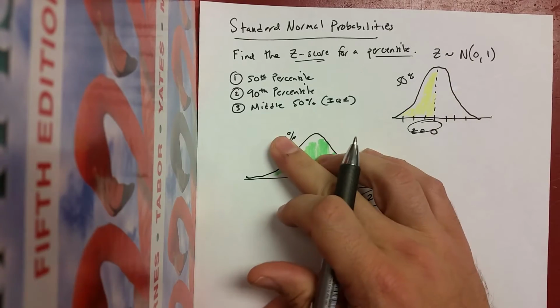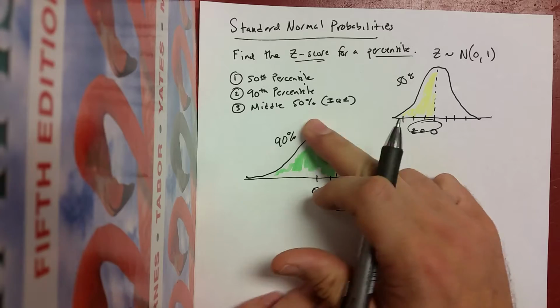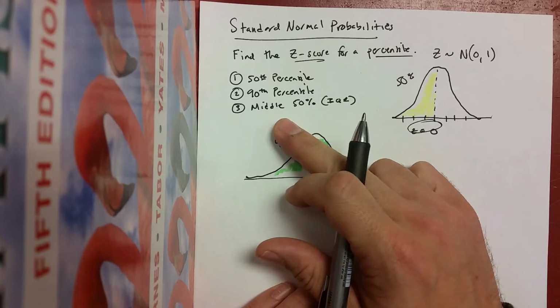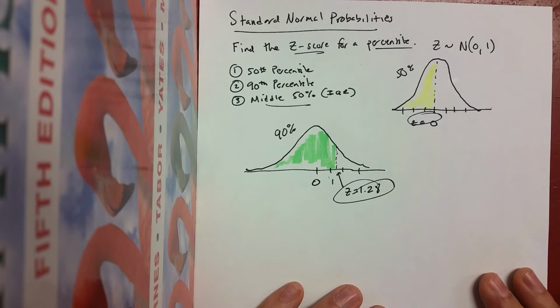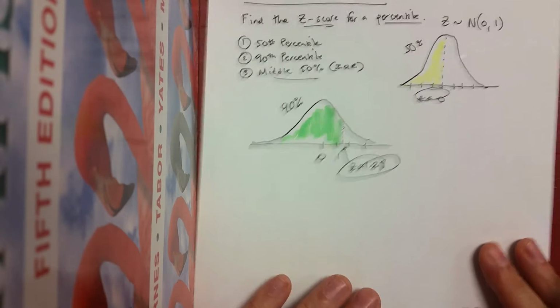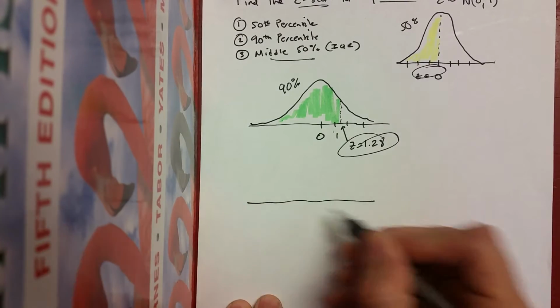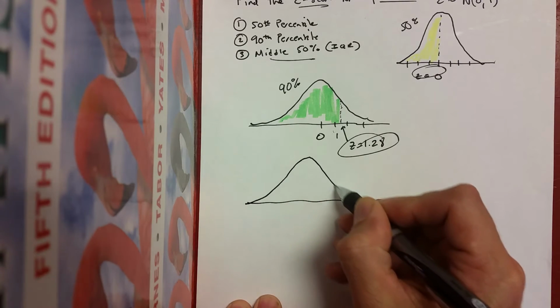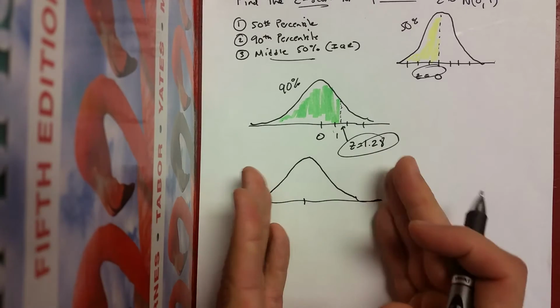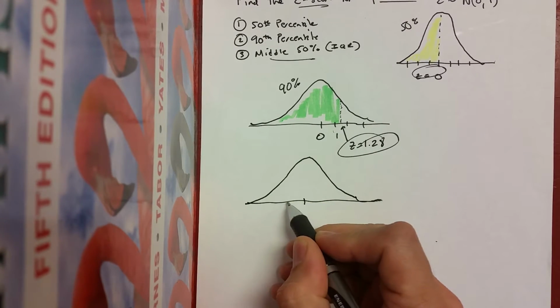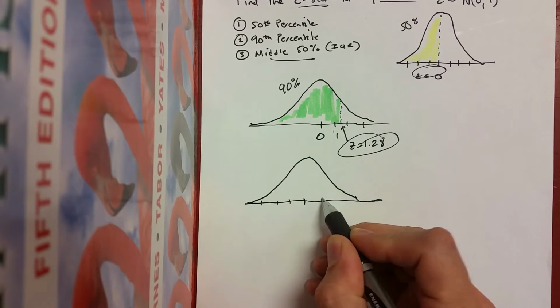Okay, so let's find the 50th. Actually, I didn't ask for the 50th percentile. Notice that this just asked for the middle 50%. Well, that would mean that if I was to shade a normal curve, I'm going to go out symmetrically about the mean and try to get to 50%.